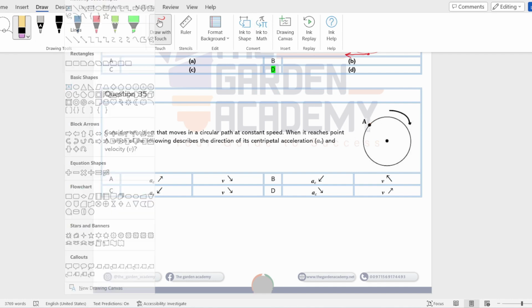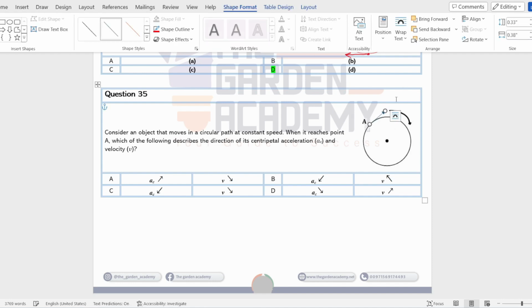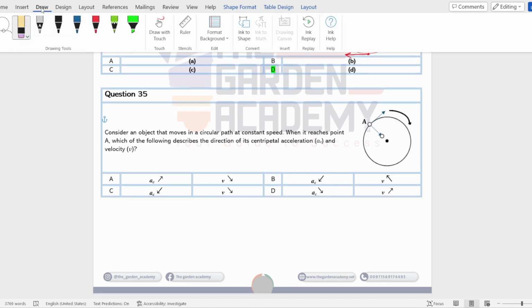Let's use arrows. I think it will be clearer. So this is V, and we also have the centripetal acceleration towards the center of rotation. So basically now, you can say that this is V, and this is A sub C. طبعا, which answer coincides with those is basically D. So we choose D.